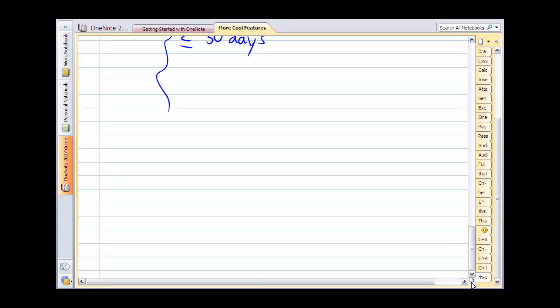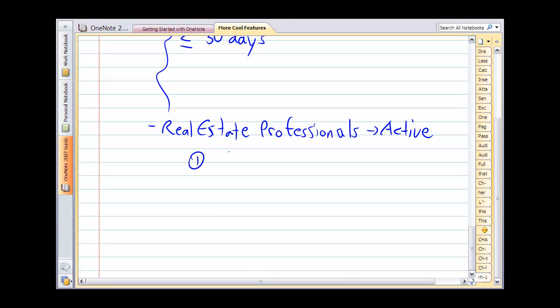Let's talk about real estate professionals. If you are a real estate professional, then you'll treat income from real estate, rental real estate, as active income. So how do you determine if you're a real estate professional?